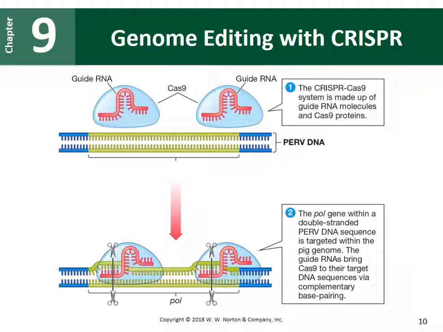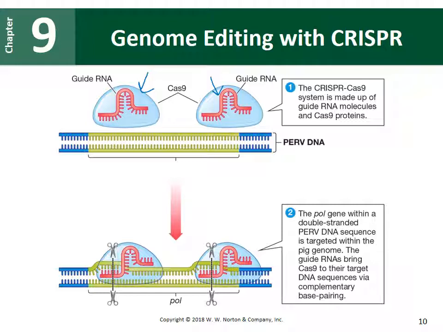So this CRISPR tool, it is an RNA molecule, and they're shown right here in these blue circles with the red RNA sequence. So in this case, this CRISPR mechanism is going to find a specific gene highlighted in the green on our DNA double-stranded molecule.